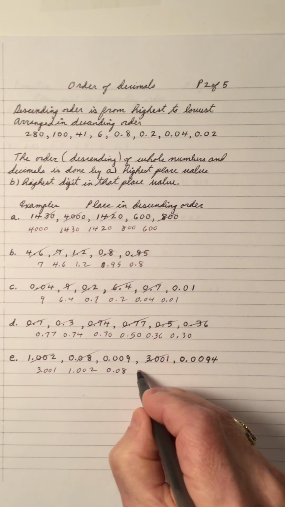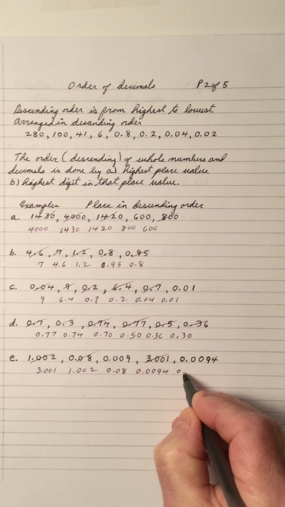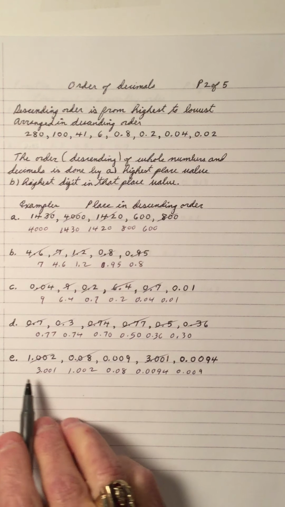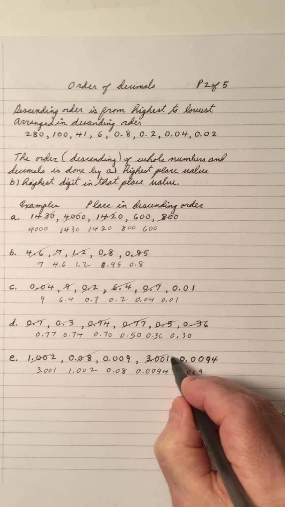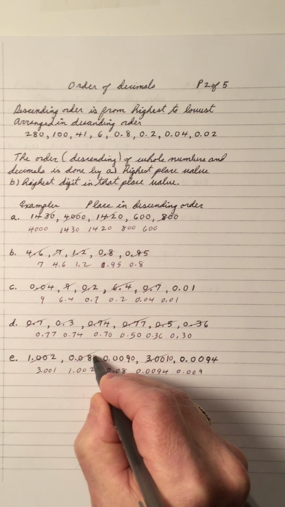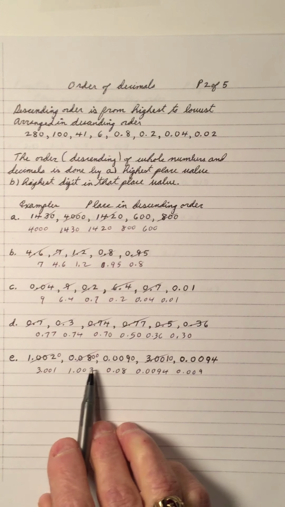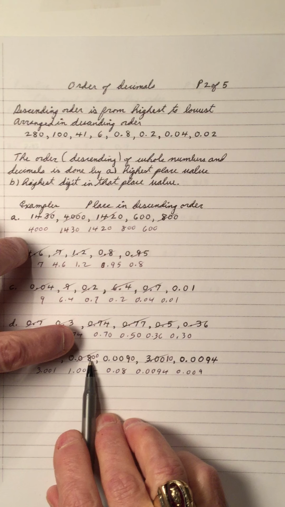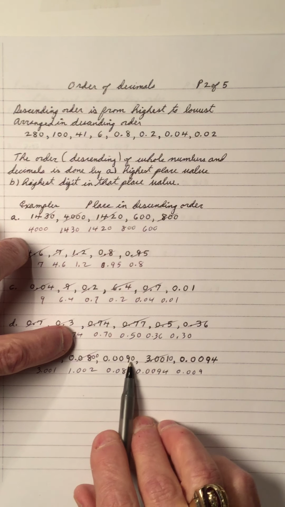So the 94 is higher than the 0.009. And again, if you think about it here, because that's 4 decimal places, if we put a 0 on this one, we put a 0 on this one, and we put 2 zeros on this one, and we put a 0 here, we can see that, right, we got 800 here, we have 94 here, and we only have 90 here.